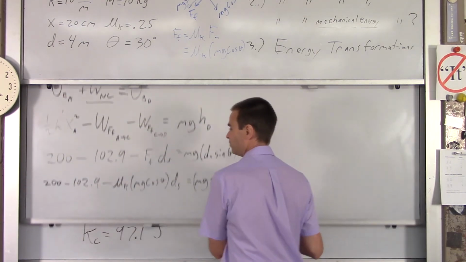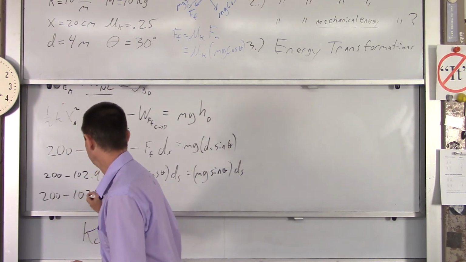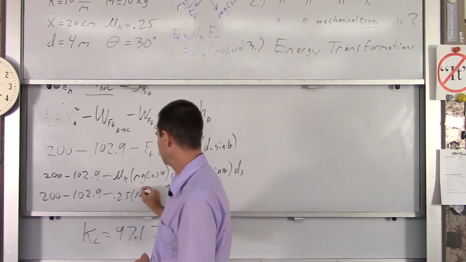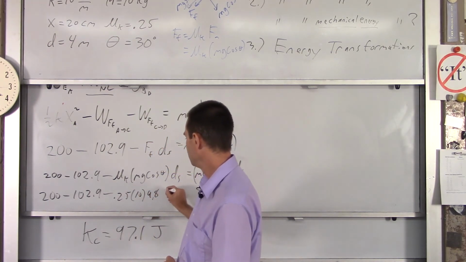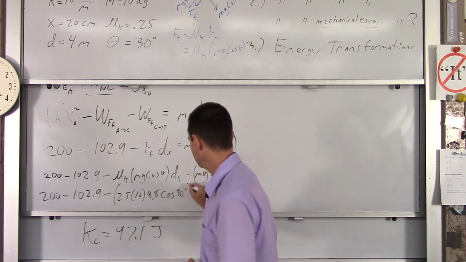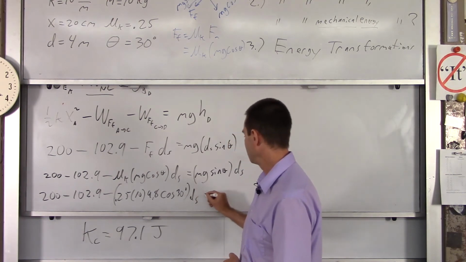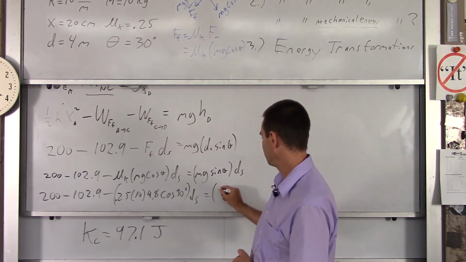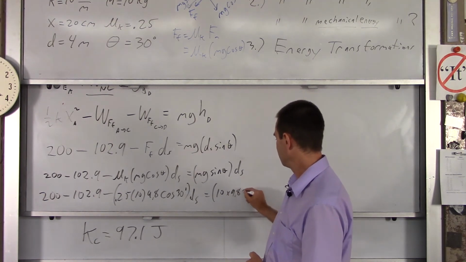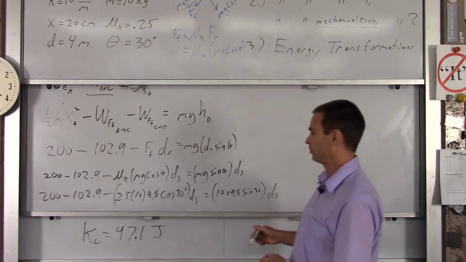So, this is 200 minus 102.9 minus 0.25 times m, which is 10, times g, which is 9.8, cosine of 30 degrees, times ds equals m, which is 10, times g, which is 9.8, sine of 30, okay, times d sub s.